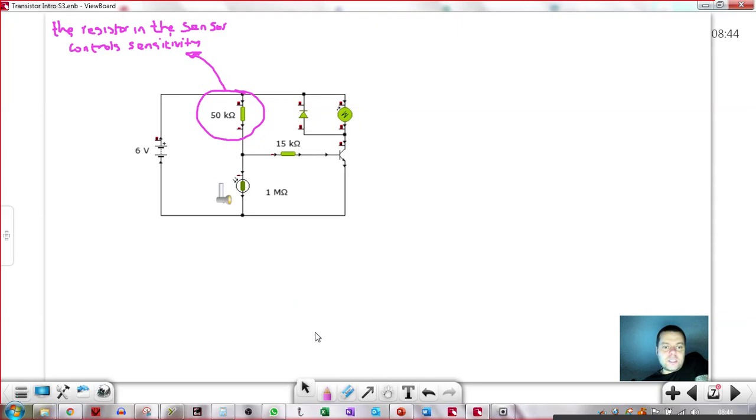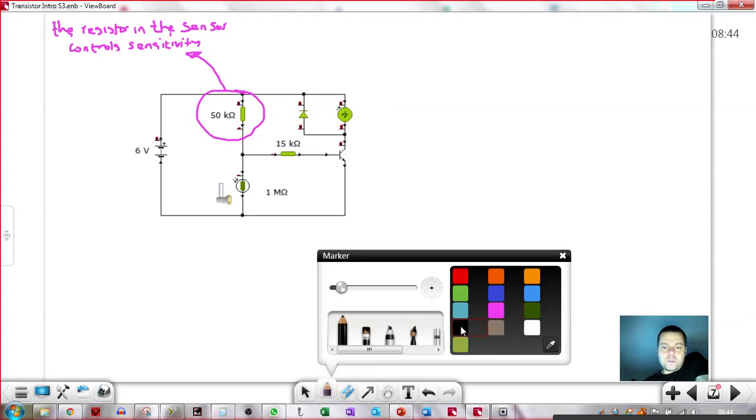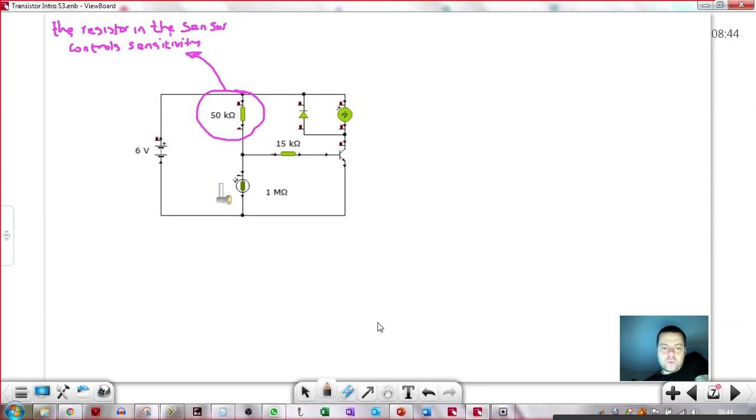So for instance, let's just put this into a graph, the kind of graphs that we've talked about before. Let's say that's light level, and that's the voltage out of the sensor.